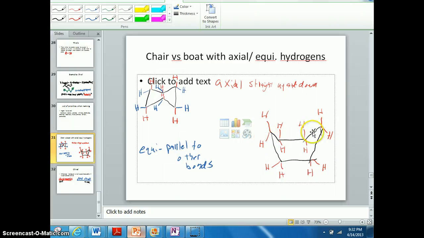This one's kind of parallel over here, but they're not so much, and they're not keeping those ideally 109.5 degrees. That's what these hydrogens like to be spaced apart at. And this one's not so much. This one right here is more stable, so we see this one more often than our boat shape.